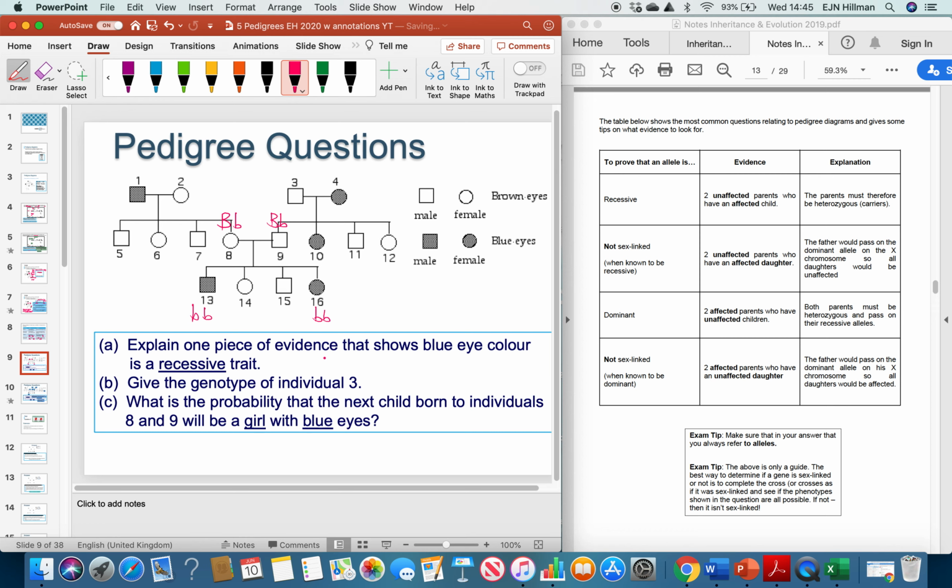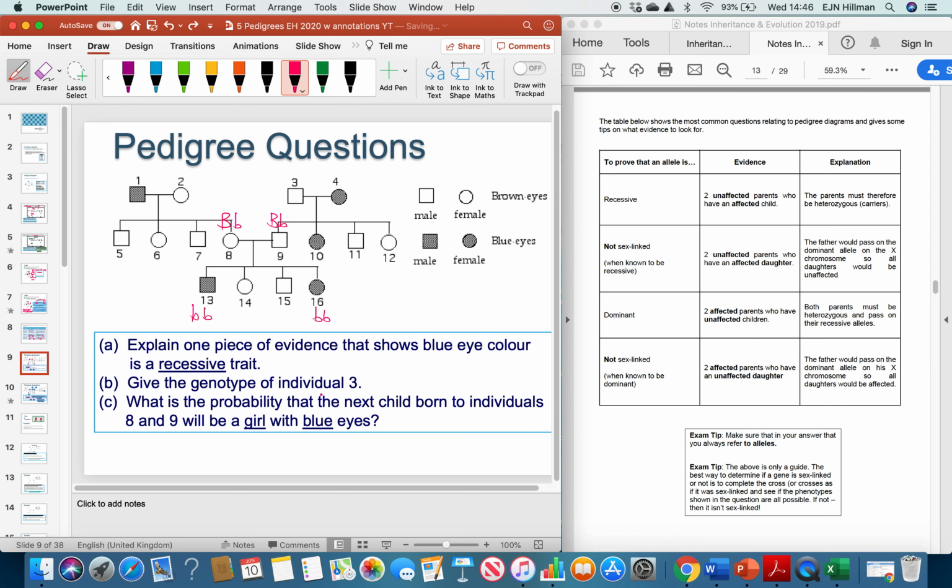Just as we did previously. So remember, if you're looking for a recessive trait, you want 2 parents who are, let's say, no, I'm not even going to use the term unaffected. But in this case, 2 parents with brown eyes who have a child with blue eyes.